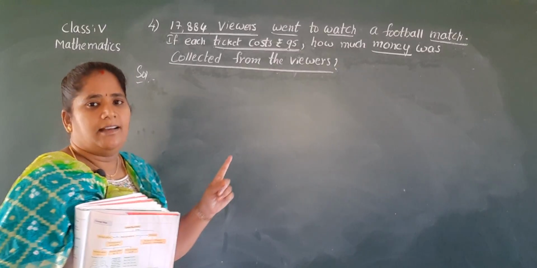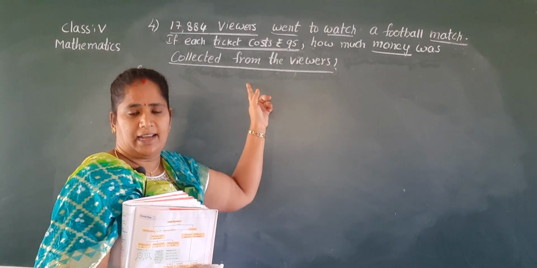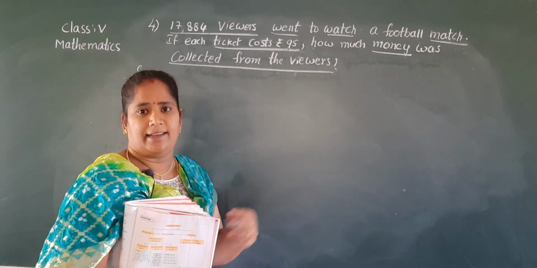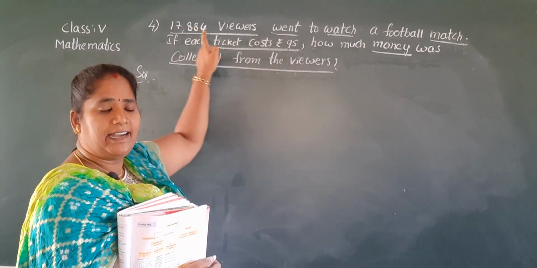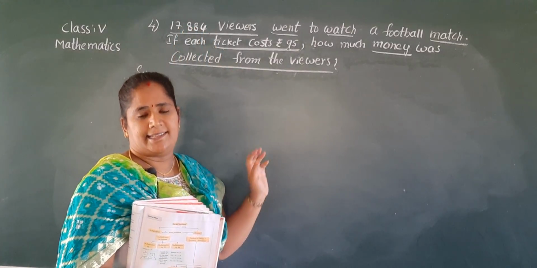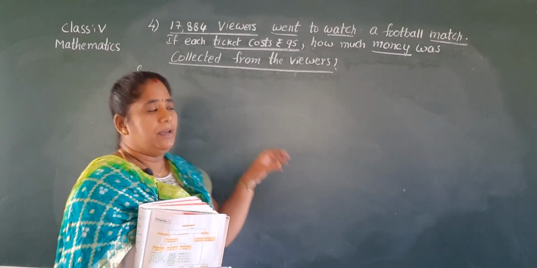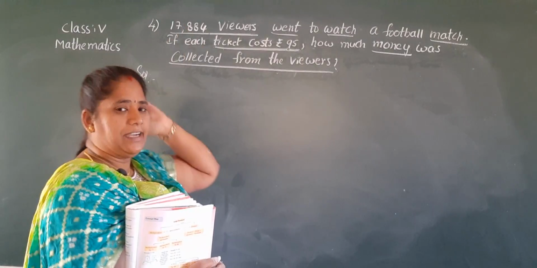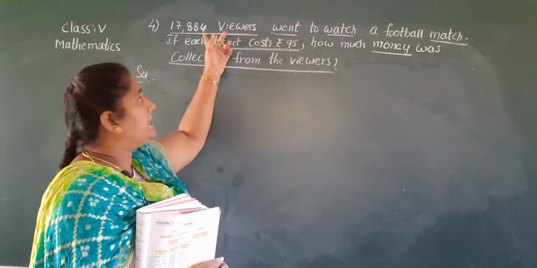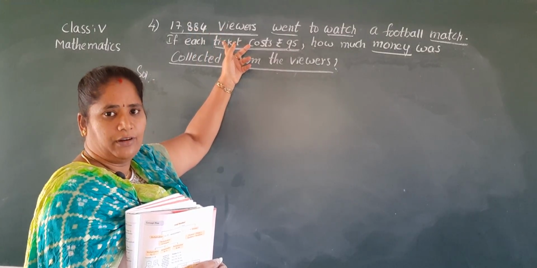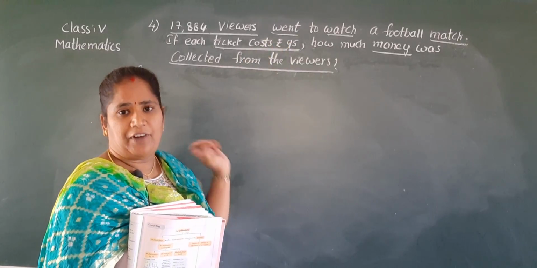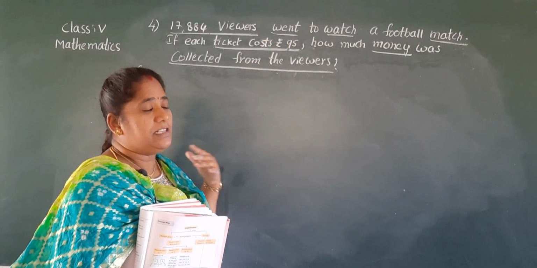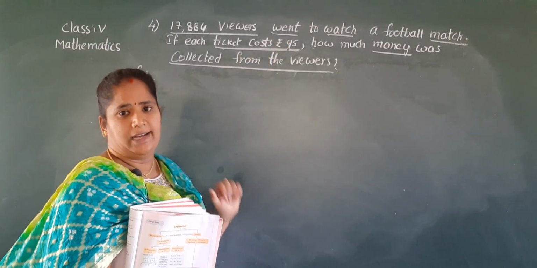So here one ticket cost is given. Now we have to find the cost of 17,884 tickets. Okay, why? Because the number of viewers who went to watch the match is 17,884. So the entry fee for one is ₹95. Then how much amount was collected from the viewers?